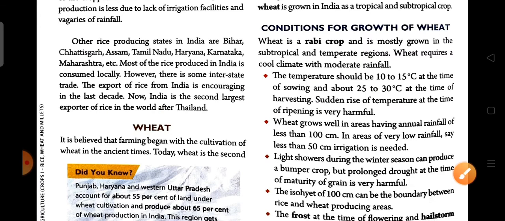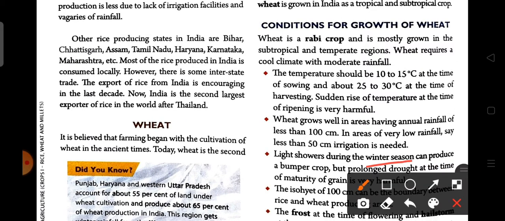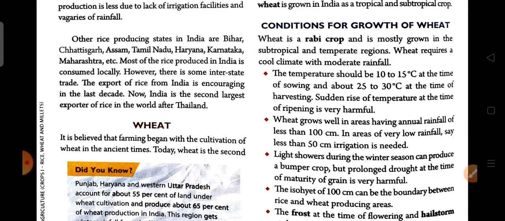Next, a light shower during the winter season can produce a bumper crop. Previously we know that wheat does not need heavy rainfall, but a little shower in the winter season can produce a bumper crop, that is, the maximum crop can be grown if there is a light shower during the winter season.